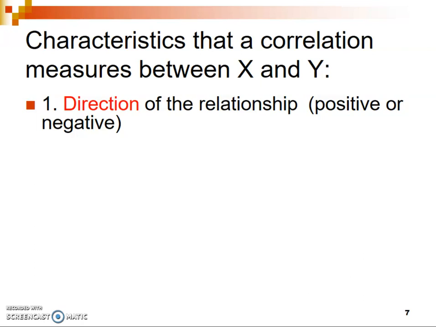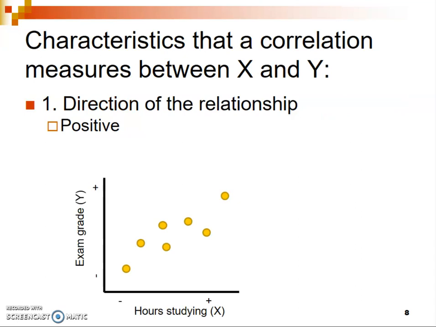Anytime you have a correlation, it's going to be either a positive or negative number. If it's a positive number, then it's a positive correlation. If it's a negative number, then it's a negative correlation. Pretty straightforward. If your number is positive, so there's no negative sign in front of it, then that's a positive correlation. And here's what a positive correlation looks like.